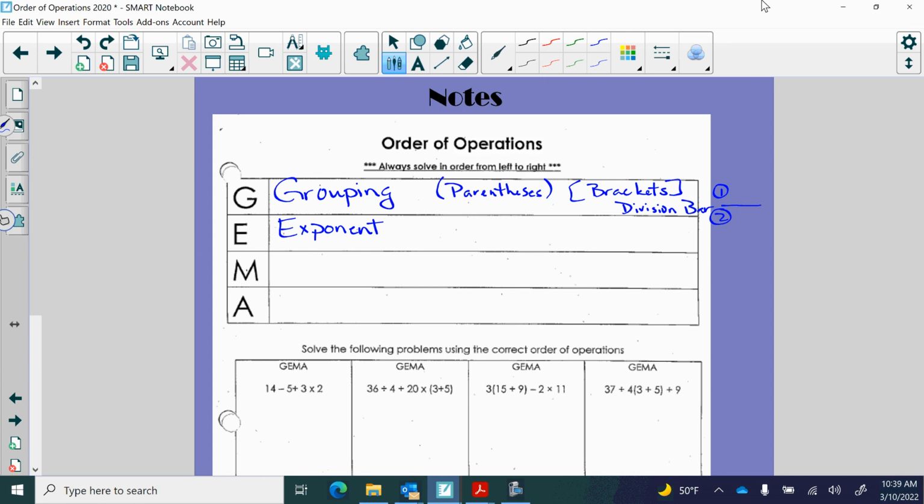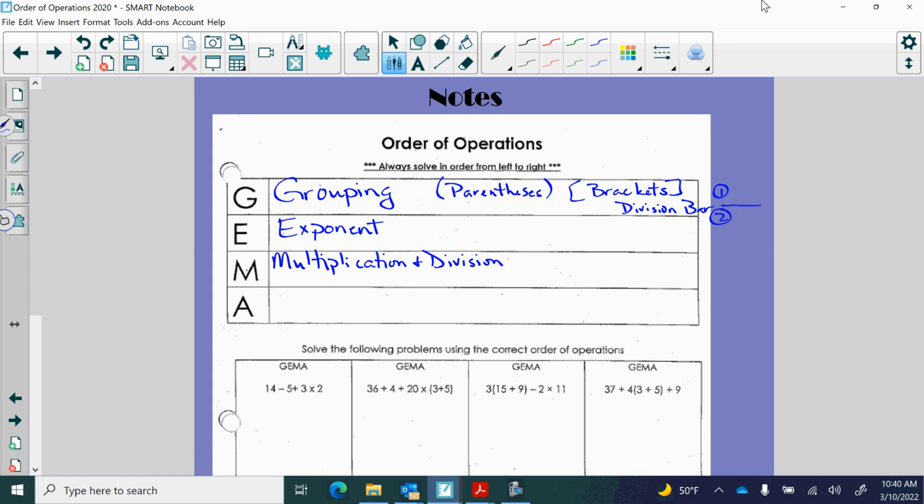Multiplication and division. So there's two pieces in this. Multiplication and division. So this is why this was a critical change, guys. Multiplication and division is all one step.